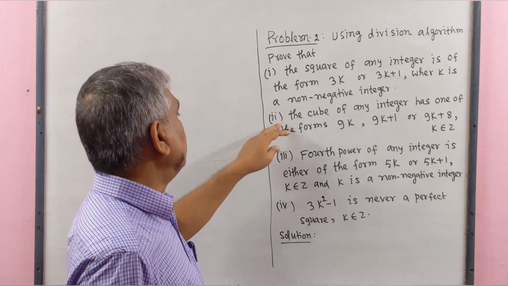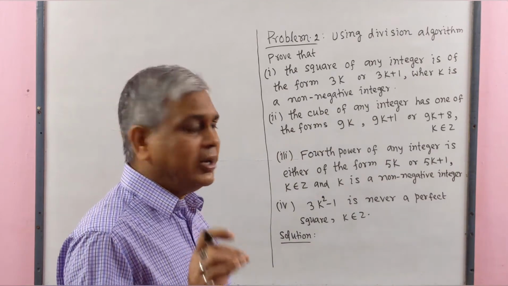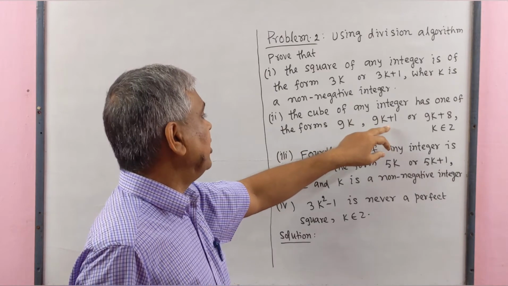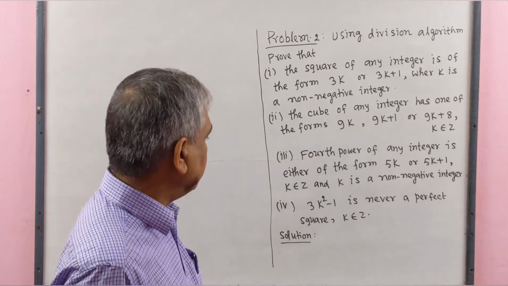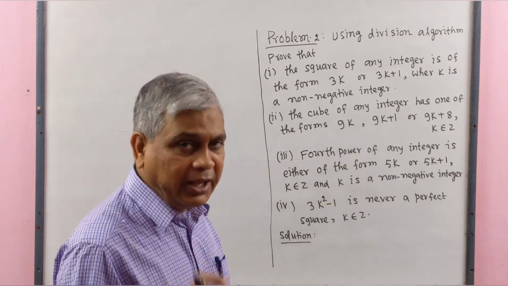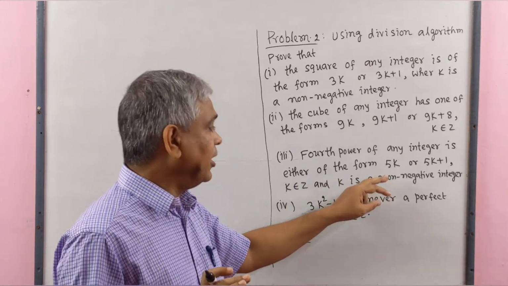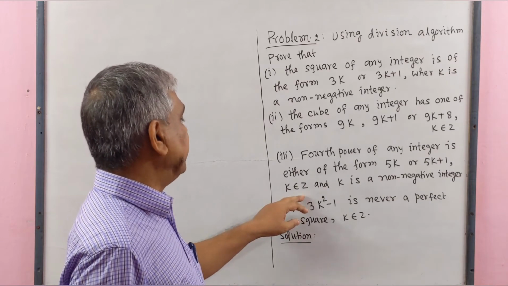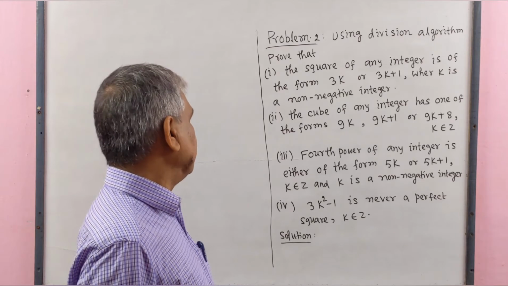Number 2, the cube of any integer has one of the form 9k, 9k plus 1 or 9k plus 8, k belongs to Z. Number 3, fourth power of any integer is either of the form 5k or 5k plus 1, k belongs to Z and k is a non-negative integer.